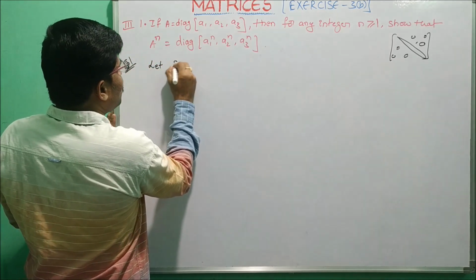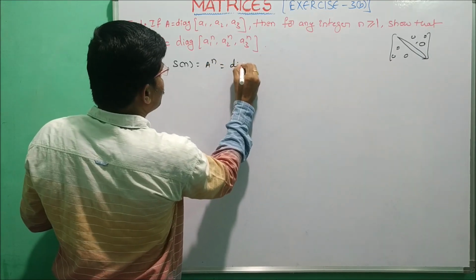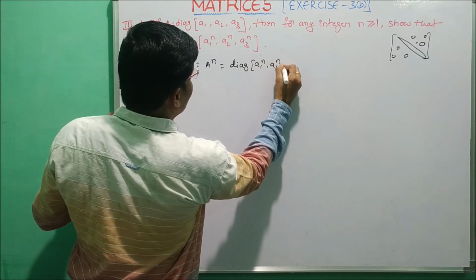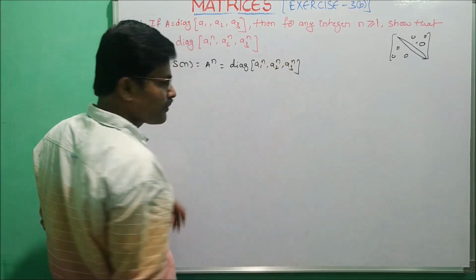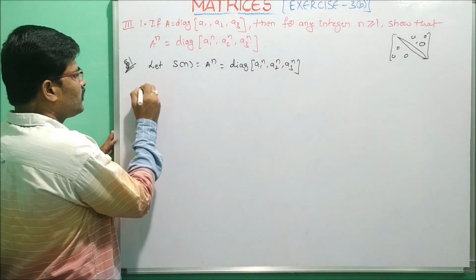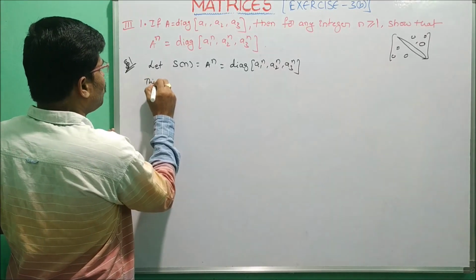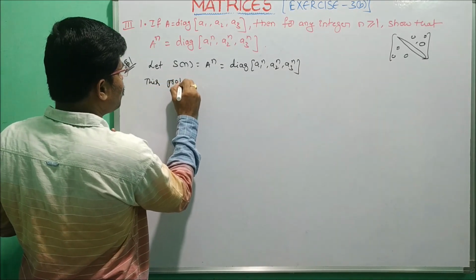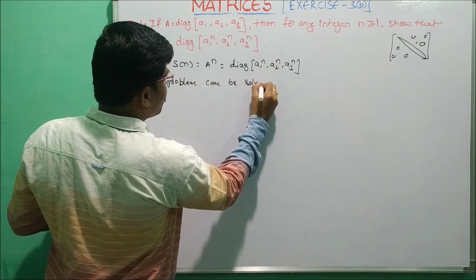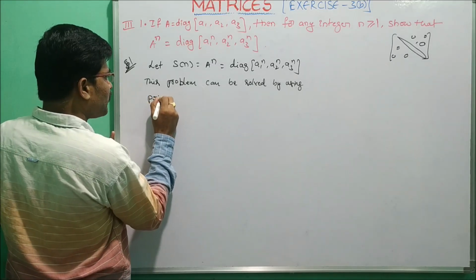Let S of n be A power n, that equals diagonal of a1 power n, a2 power n, a3 power n. Clearly we have to prove for n equals 1. We note this problem can be solved by using the principle of mathematical induction.